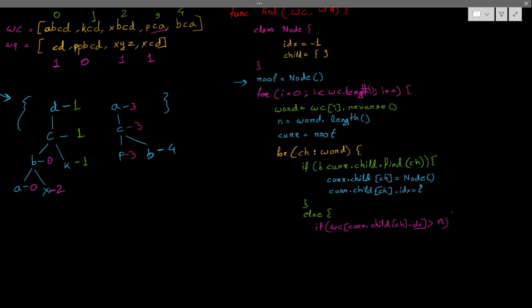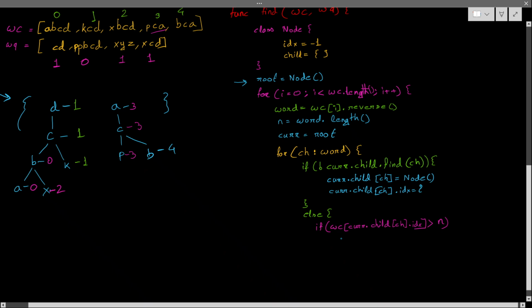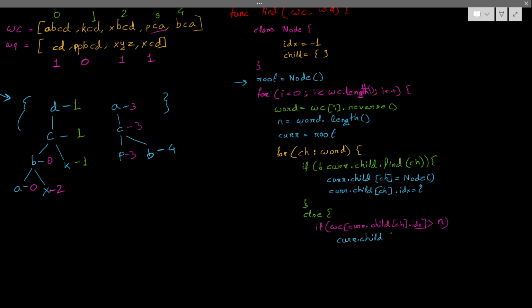If it is greater than my n, then I will redefine that index position. So it will be current dot child of that character dot index, redefined by that i. Okay, and here my else also is done.